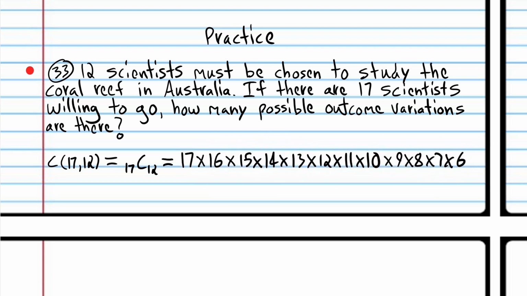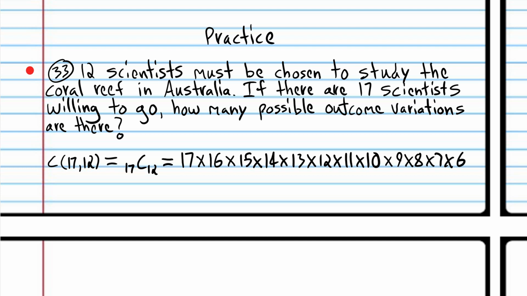That's a big number to calculate. Luckily our TI-84 can do this for us. We're going to enter 17, then push the math button at the upper right, then push the right arrow key to get to PRB, probability, then go down to number 3. Instead of number 2, nPr, we're going to number 3, nCr.